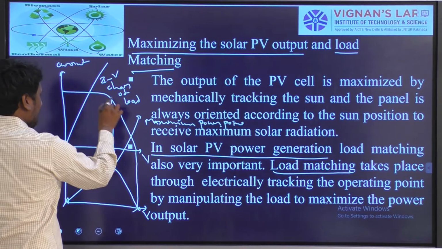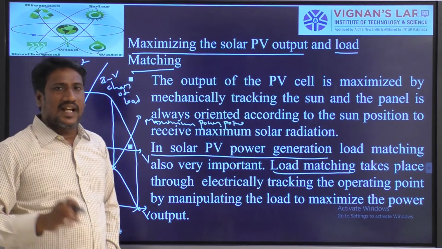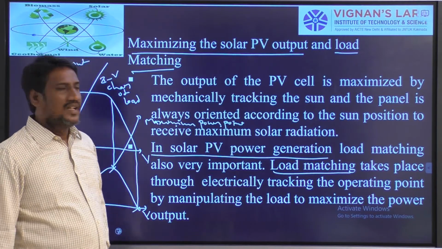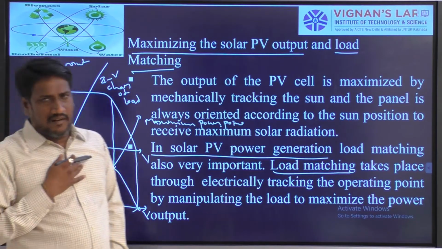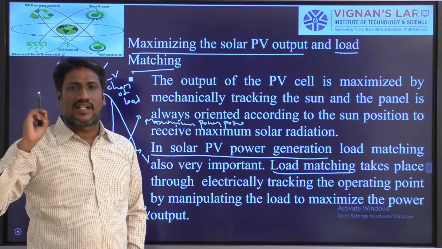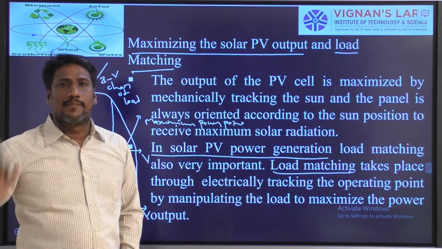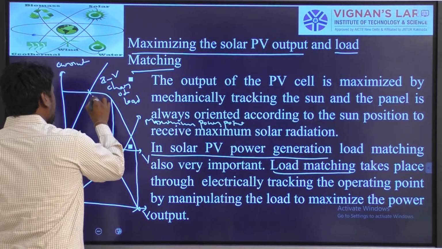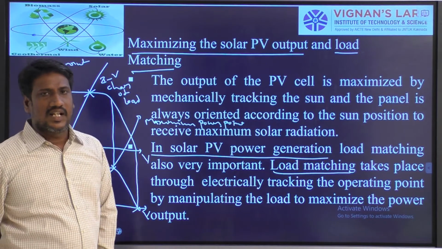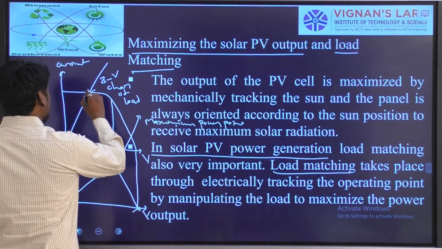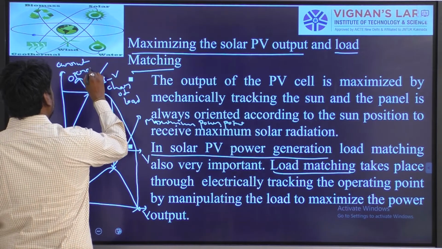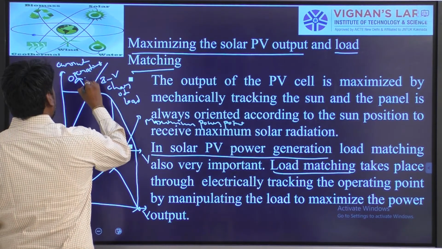So these are the IV characteristics of the PV cell, and the IV characteristics of the load I am representing in the same figure, such that the intersection point of load characteristics and source characteristics you can call the operating point.